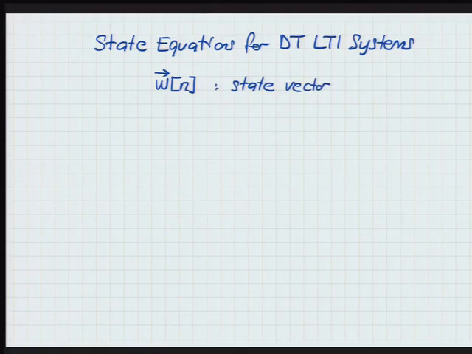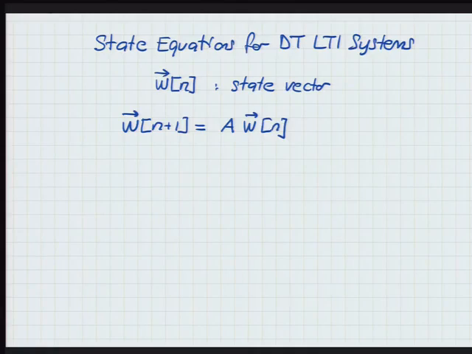So the state equations for a linear time invariant system are going to have this form. The state at the next time instant is equal to a matrix A times the state vector at time n.